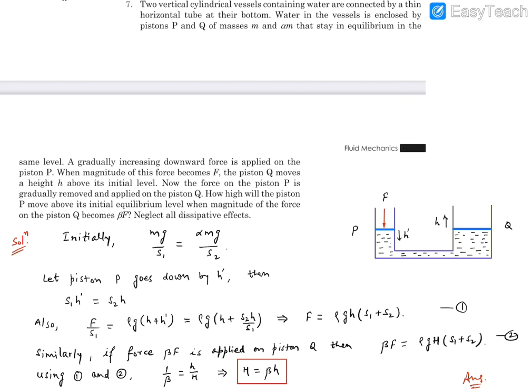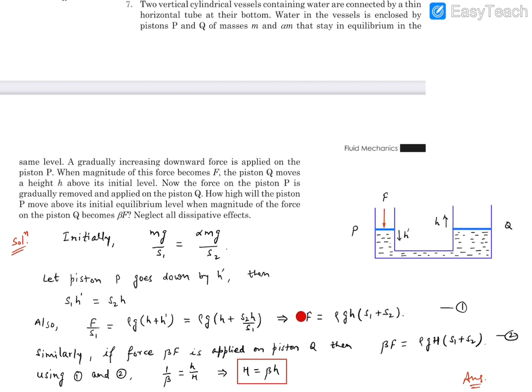Now, the question says, let's remove this force gradually first and then apply the force on the Q piston. And that force is beta F. So if beta F is applied on this, P will be rising up. Let's say P rises up by capital H. Then we can write exactly the same equation again.